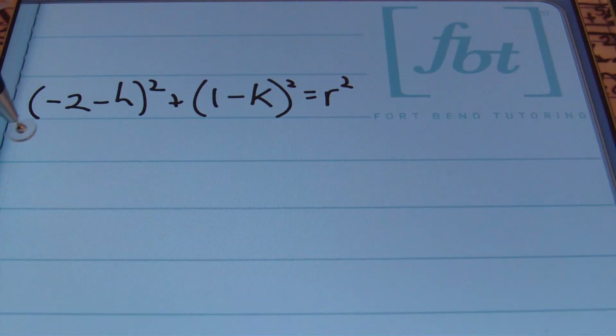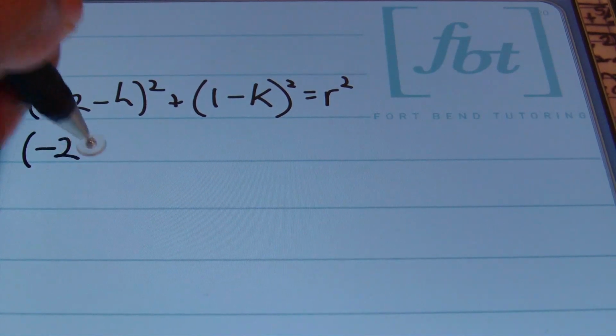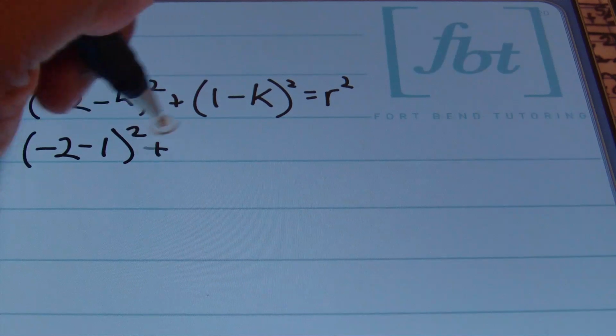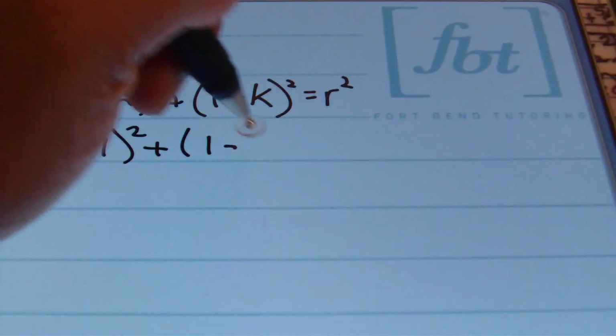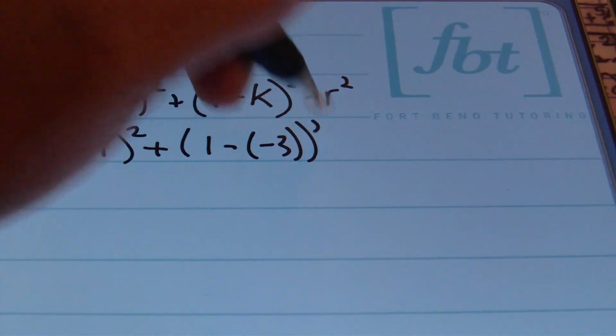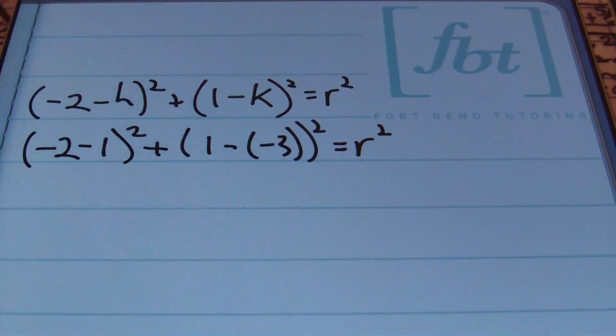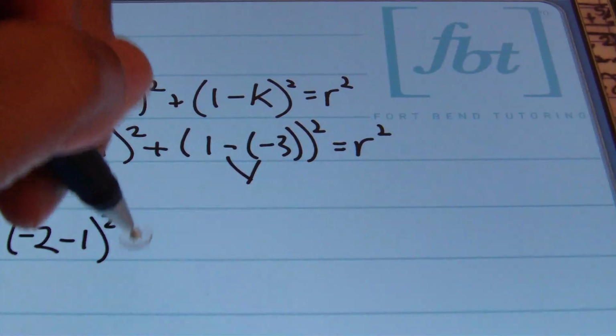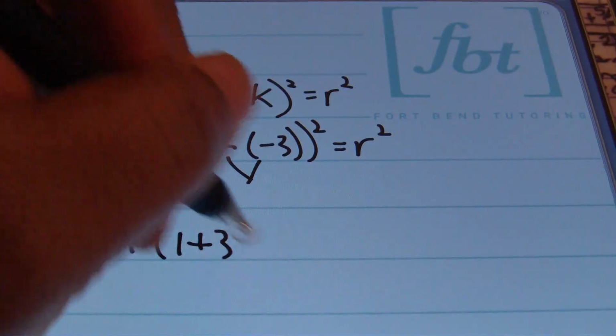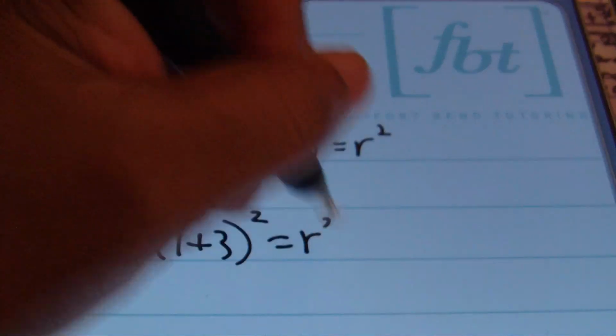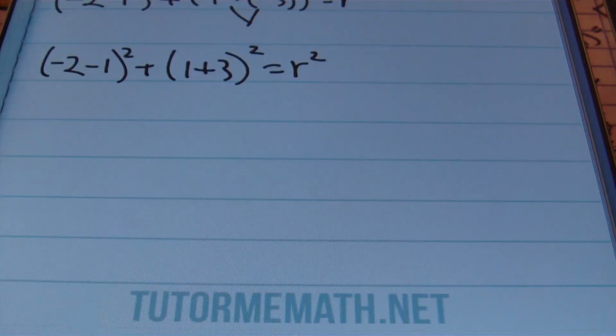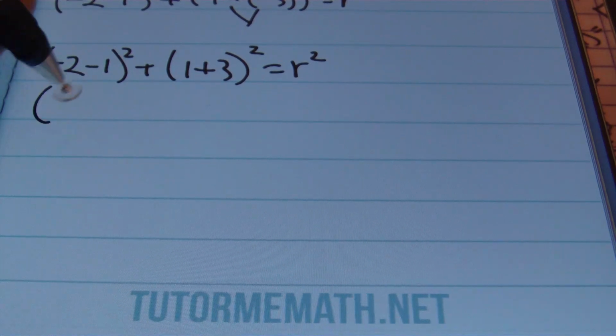So substituting those values, we'll have negative 2 minus 1 squared plus 1 minus negative 3 squared equals r squared. We'll then combine our signs here, and it'll be negative 2 minus 1 squared plus 1 plus 3 squared equals r squared. From here, you'll be able to simplify what's inside of your parentheses.